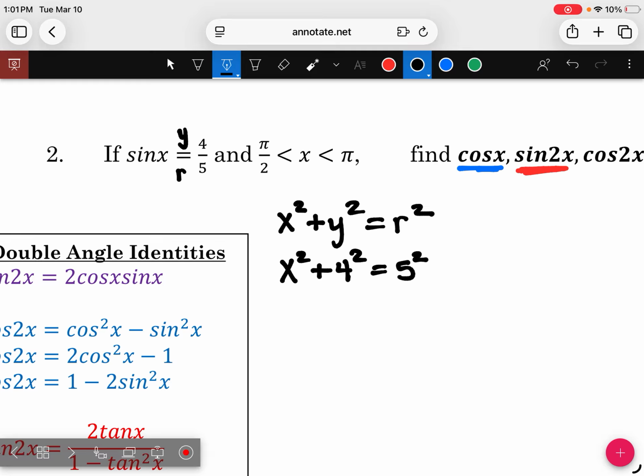Okay. Show me with your fingers. So, wait, let me go back. So we figured out that x is 3. Okay. Show me with your fingers, what quadrant is this? What quadrant are we in where it says pi over 2 to pi?